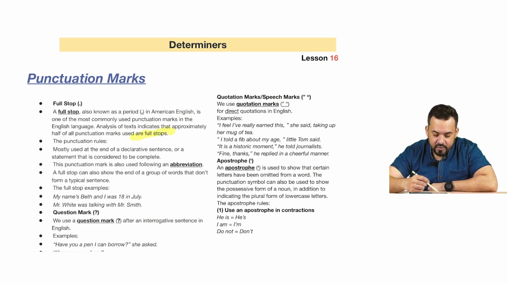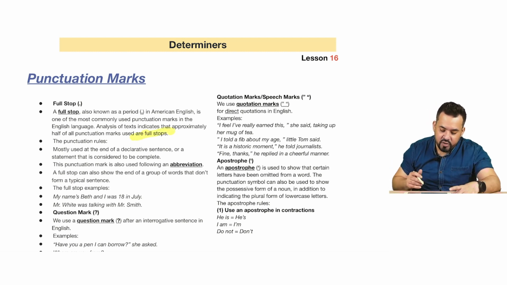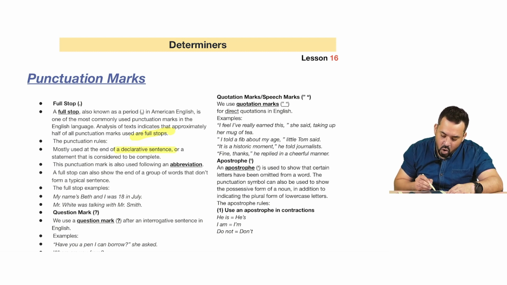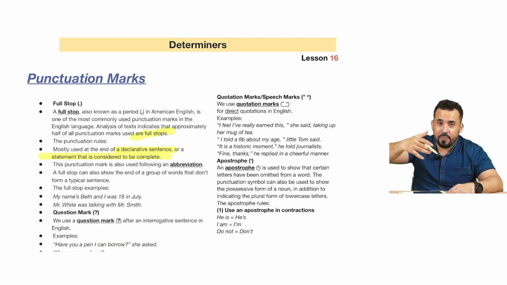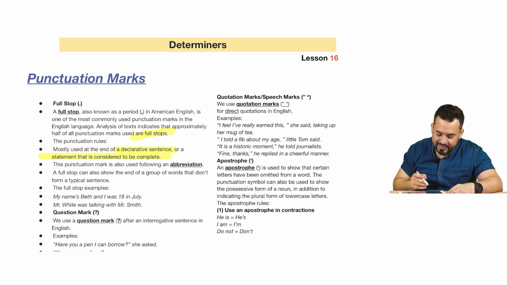So they're very common. It is mostly used at the end of a declarative sentence or a statement that is considered to be completed. So a full stop or a period shows that this sentence or statement is complete.